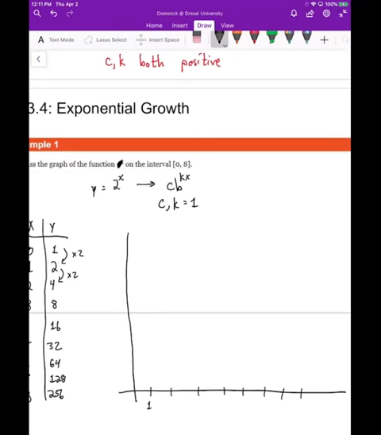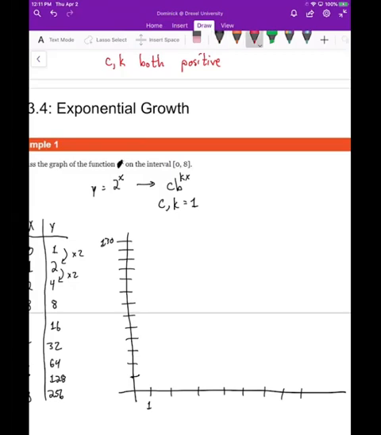So let's go by tens. So this is 10, 20, 30, 40, 50, 60, 70, 80, 90, 100, 110, 120, 130. We'll just say this is 130. And we'll get all the points except for the last one.